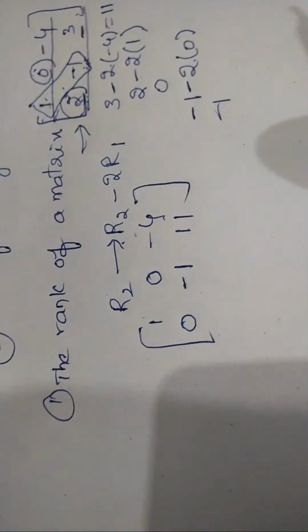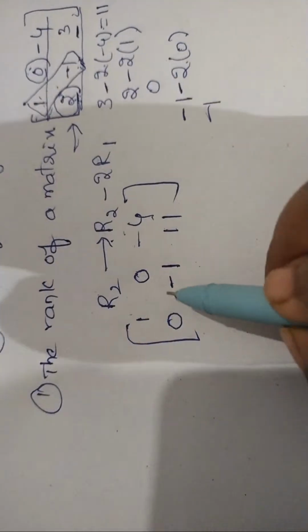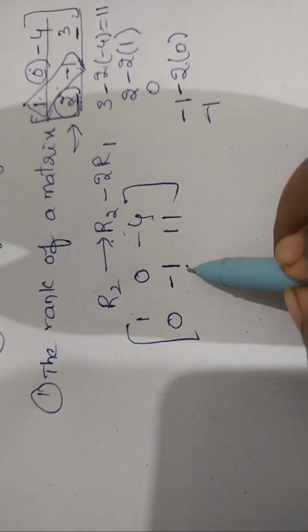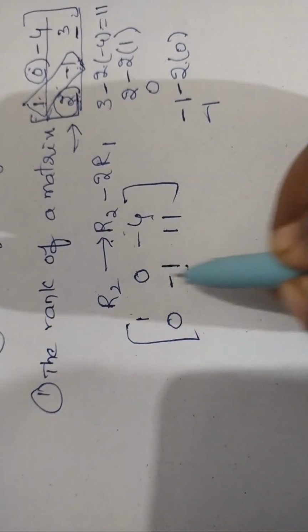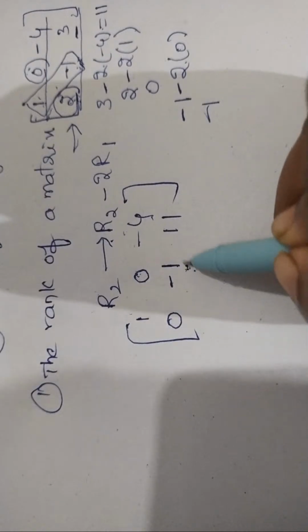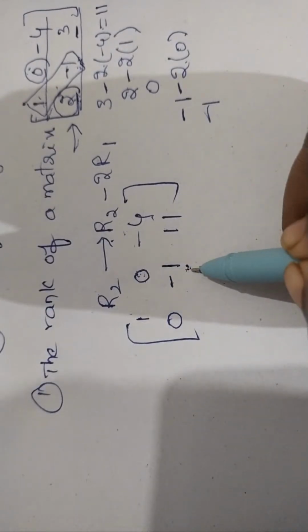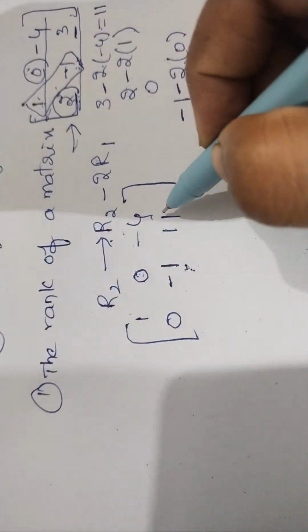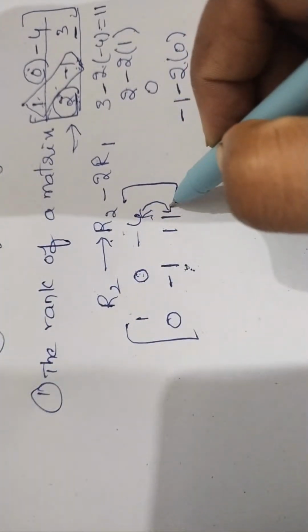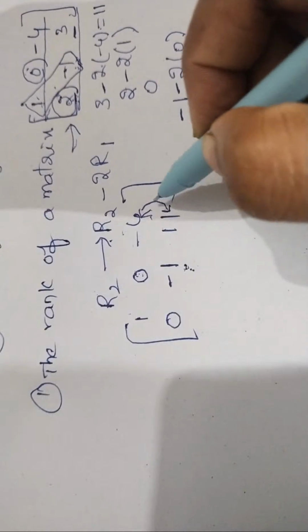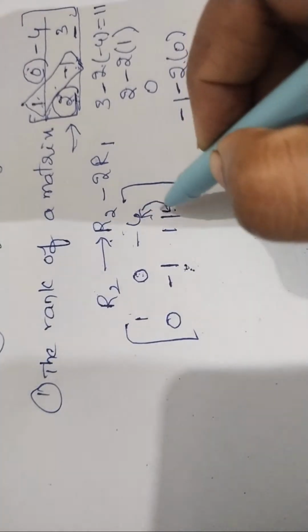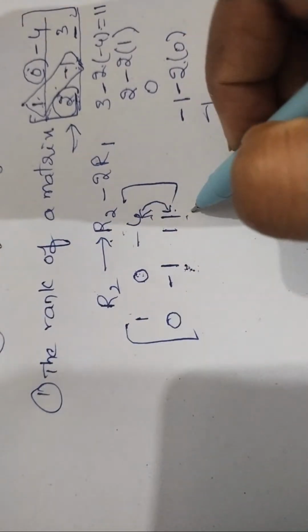Our condition is to make these elements 0. Is there any possibility to make these 0? If I add these two, I can't get 0. If I subtract these two, I can't get 0. And if we take this 11, adding or subtracting, I can't get 0. There is no way to make these two elements 0.